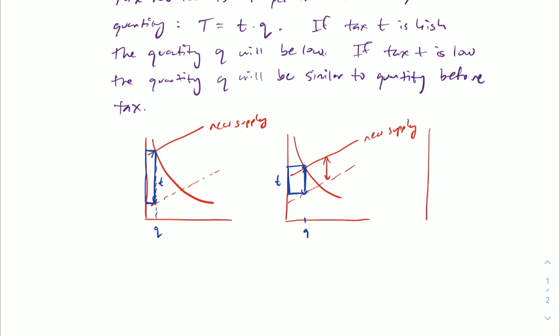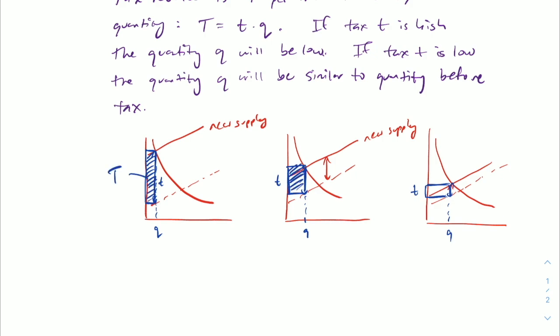And if we add just a very little amount of tax, well, we're not going to shift over much. So this is the tax increase right here. And this is the corresponding Q. So the tax revenue in each of these situations is the product of T times Q. So it's this area. This is the tax revenue.